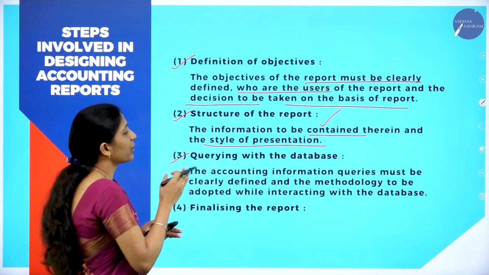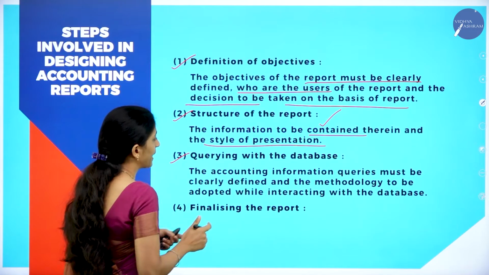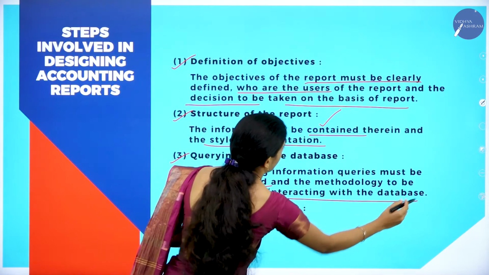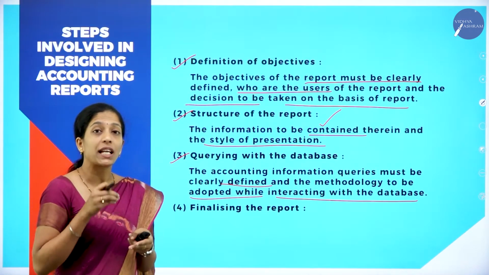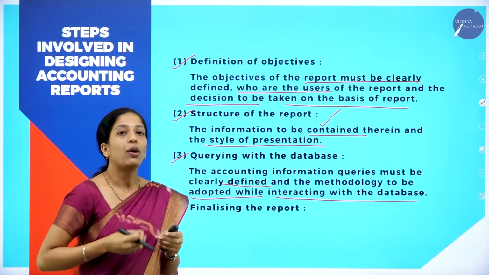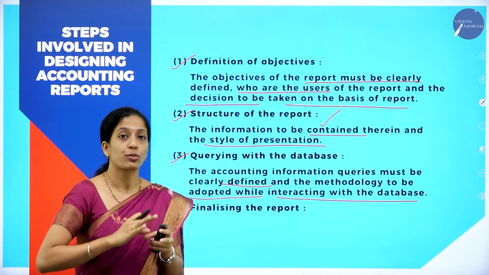Next one is querying with the database. So the accounting information queries must be clearly defined and the methodology to be adopted while interacting with the database. So what are the data that has to be included while preparing the report. So what are the data, how it has to be collected, how it has to be summarized and how it has to be presented.